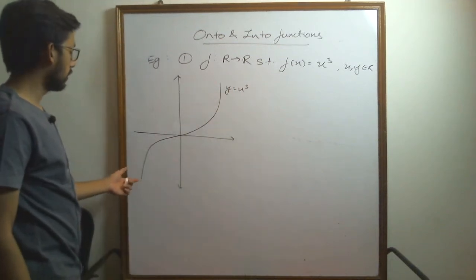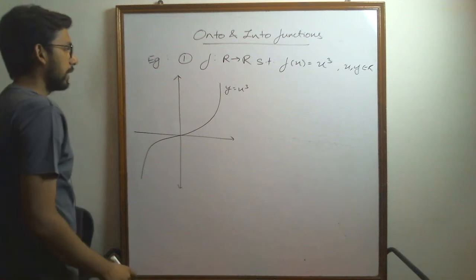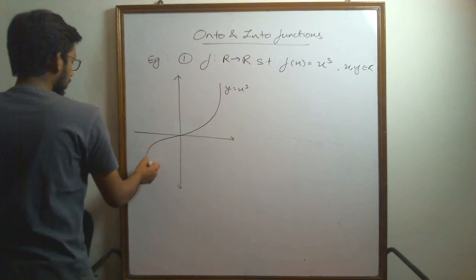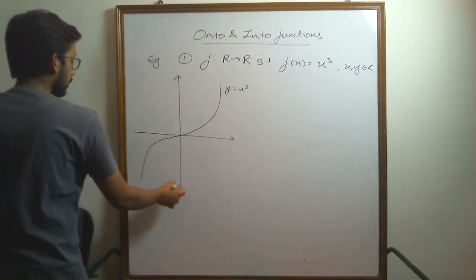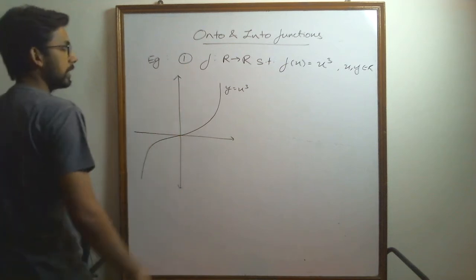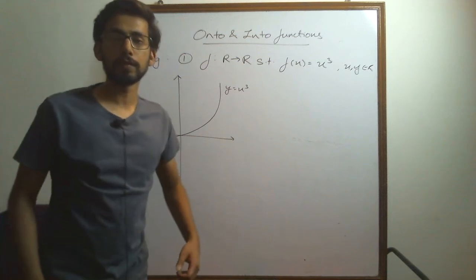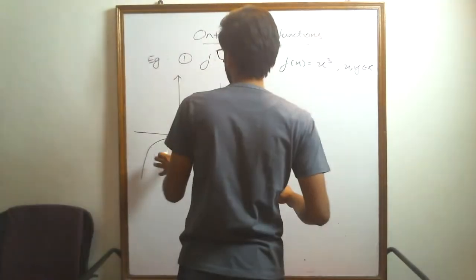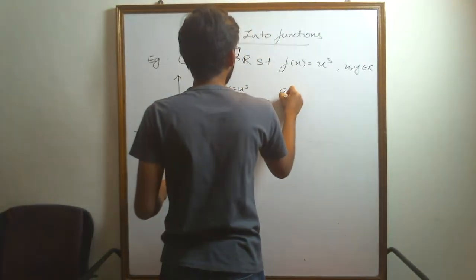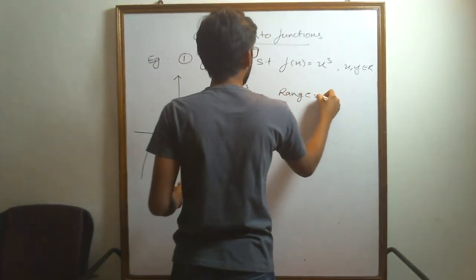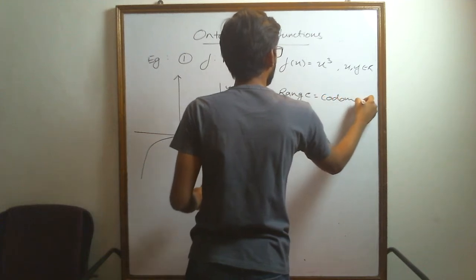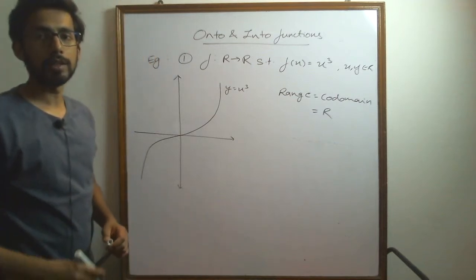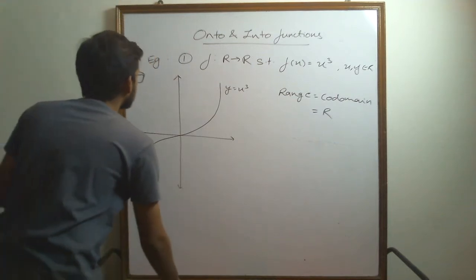It extends on both the sides infinitely. So we know that all the real numbers from minus infinity to plus infinity are an image of some element in the domain. So there are no free elements in the codomain, and the range is equal to the codomain, which is equal to the set of real numbers. So this is an onto function.